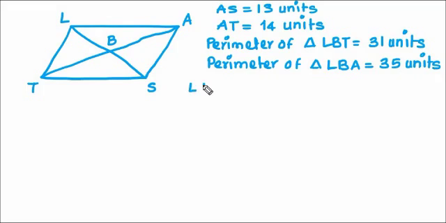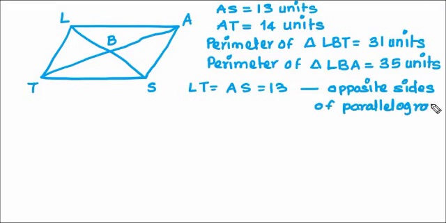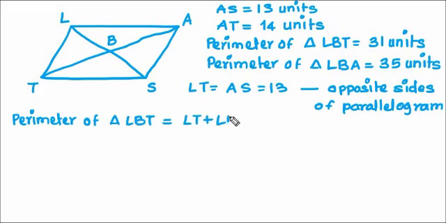So now LT is equal to AS equal to 13 because they are opposite sides of a parallelogram. Now what is the perimeter of LBT? Perimeter of triangle LBT is 31 units. So 31 units is LT, and LT is same as AS, which is 13, plus LB, we don't know, plus BT, which is half of AT because in a parallelogram the diagonals bisect each other.